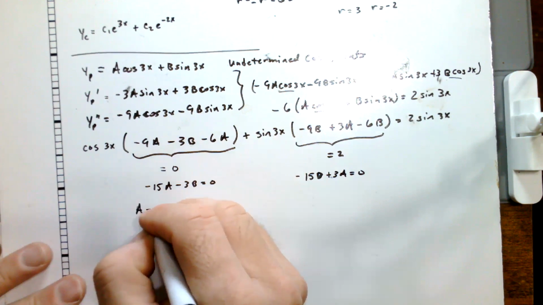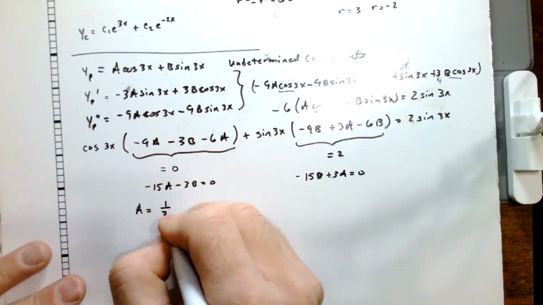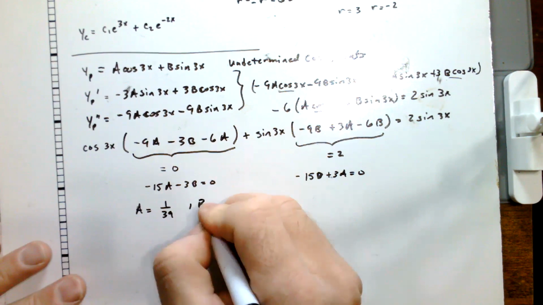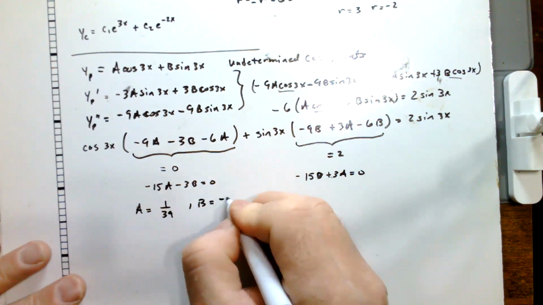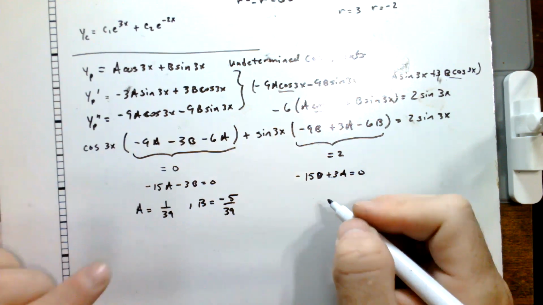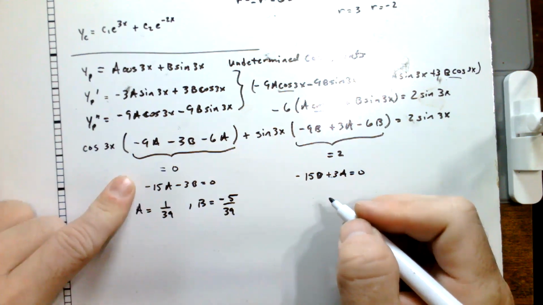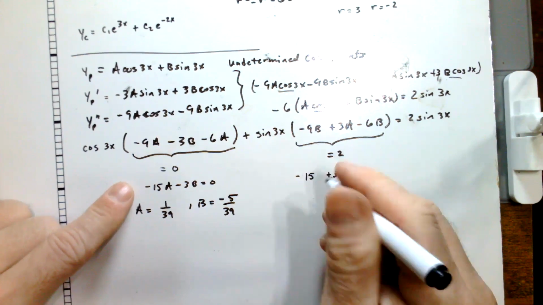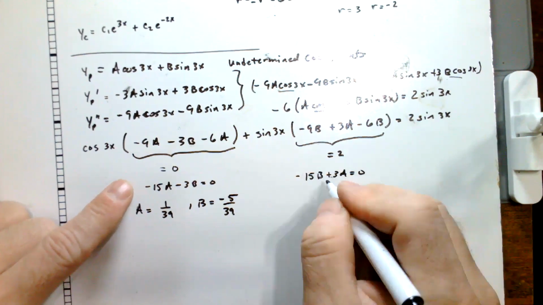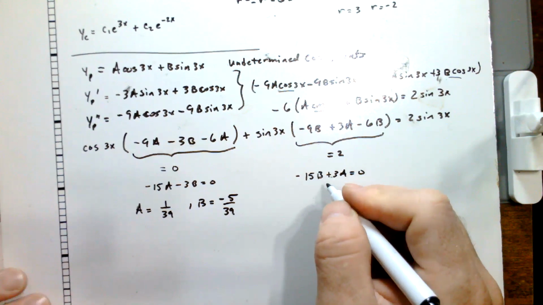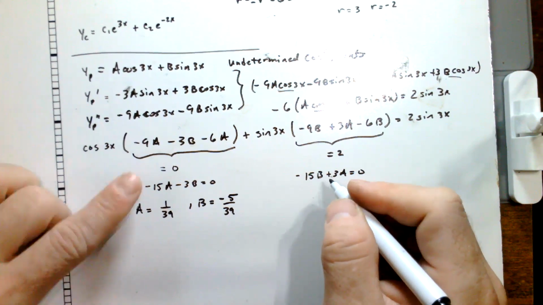You're going to find that a is equal to 1 over 39, and b is equal to negative 5 over 39. I solved it by solving this for a and then plugging that in here and solving for b, and then plugging back in here to get a.